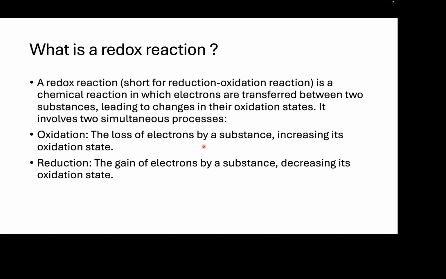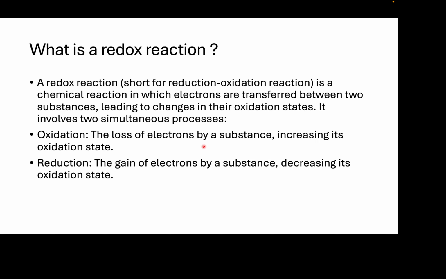A redox reaction, short for reduction-oxidation reaction, is a chemical reaction in which electrons are transferred between two substances, leading to changes in their oxidation states. It involves two simultaneous processes: oxidation and reduction.